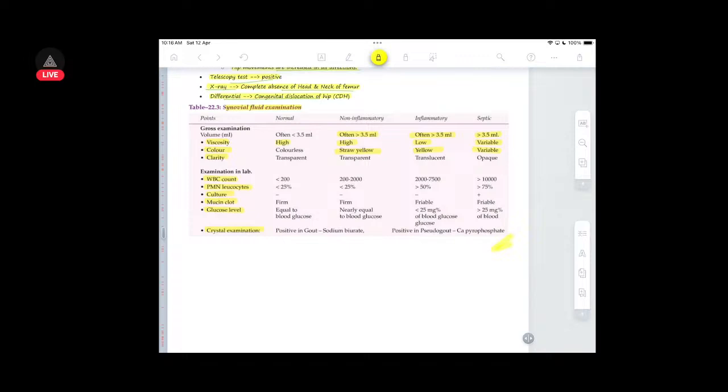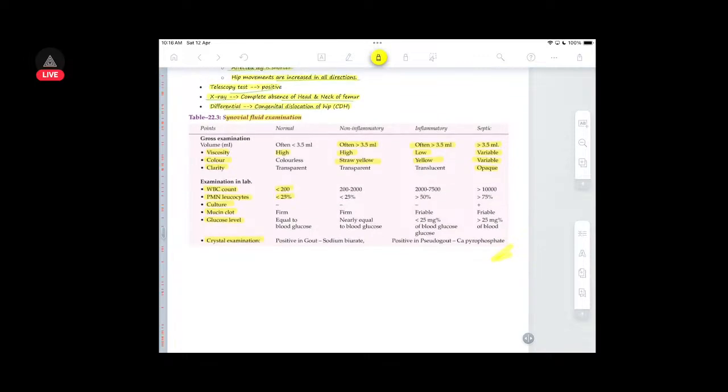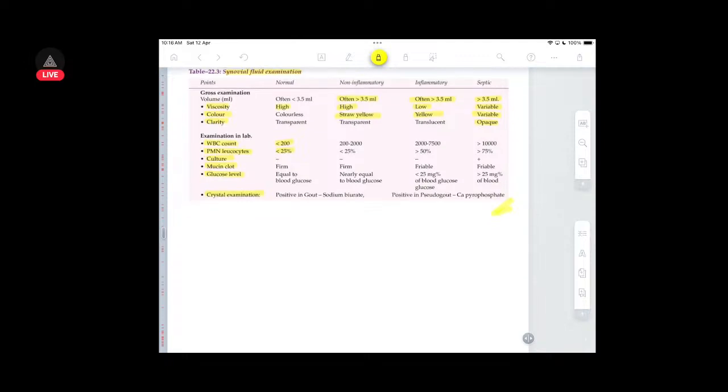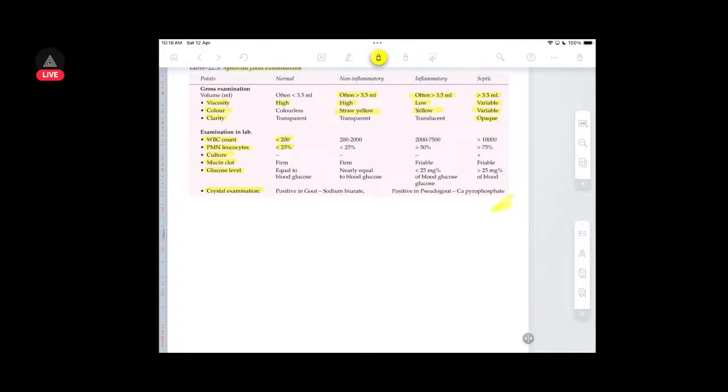Clarity will be opaque in septic, that's the only important thing. WBC count will be usually less in normal, but very much raised in the others. PMN count will be less than 25% in normal and also in non-inflammatory, but in inflammatory and septic arthritis it will be more than 50%, 70%.